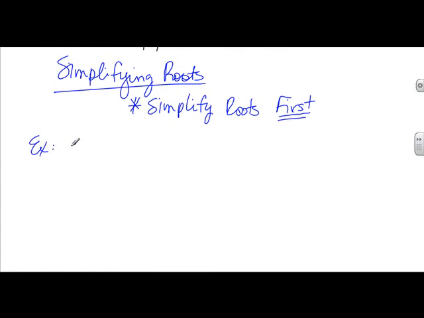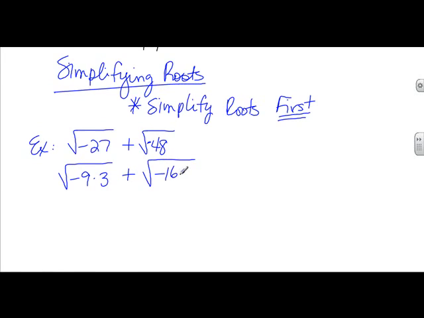So, for example, we've got the square root of negative 27 plus the square root of negative 48. We're going to think about that as negative 9 times 3 under the first radical, and negative 16 times 3 under the second radical. The square root of negative 9 is 3i, and then the 3 stays under the square root.